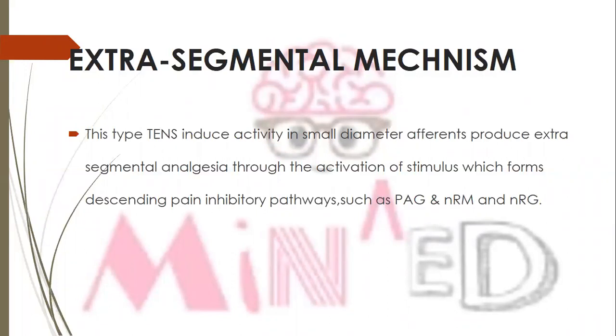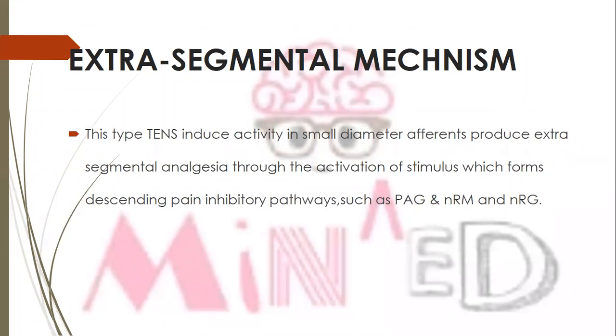The patient reports discomfort if you apply TENS of low frequency pulse, and the pulse is used to generate muscle twitch. Burst pulses are used in this case mainly, and acupuncture-like TENS produces extrasegmental analgesia in the manner of acupuncture.